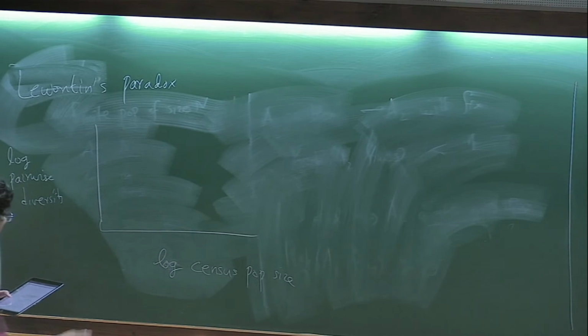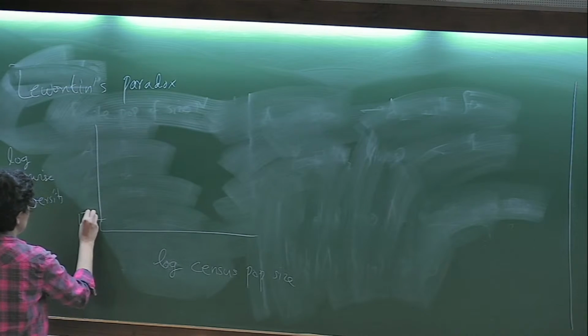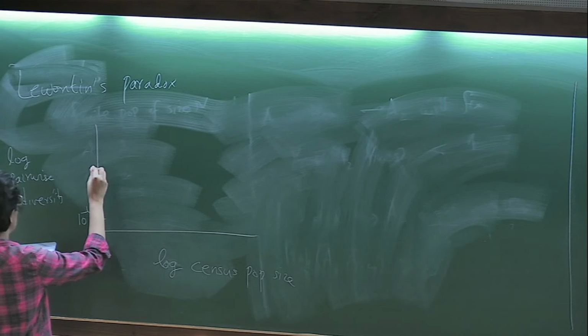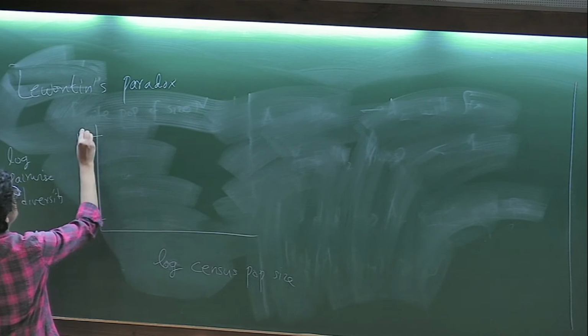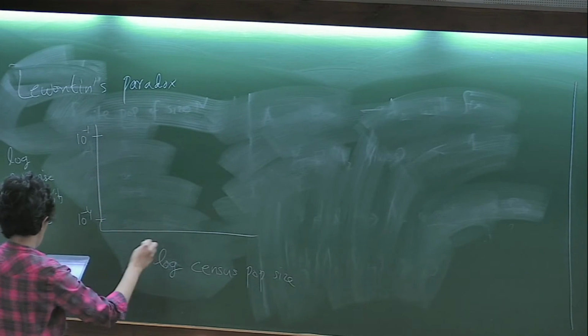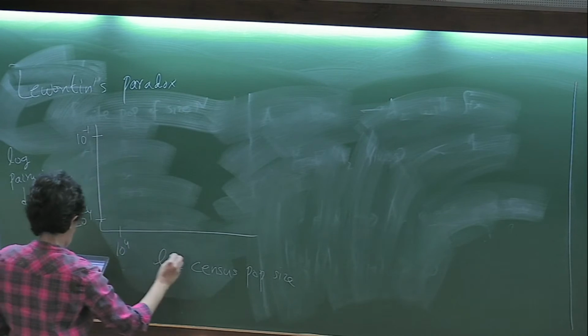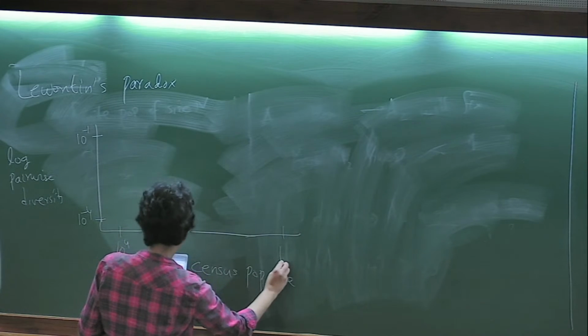And you see the scales. The y-axis lies between 10 to the minus 4 and 10 to the power minus 1 or so, and the scale on the x-axis goes from 10 to the power 4 to 10 to the power 10 or 16.